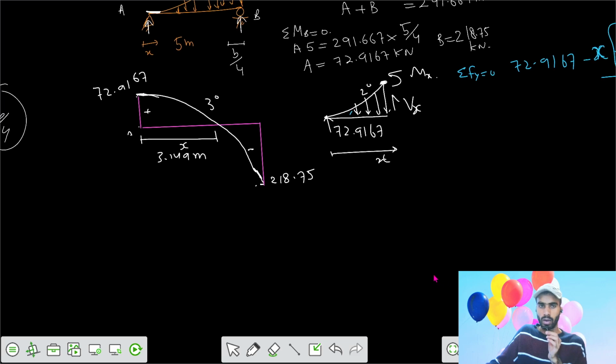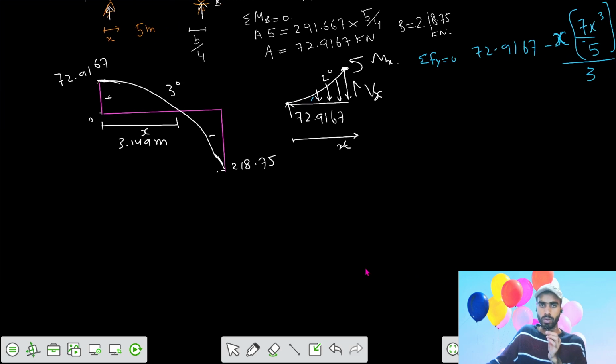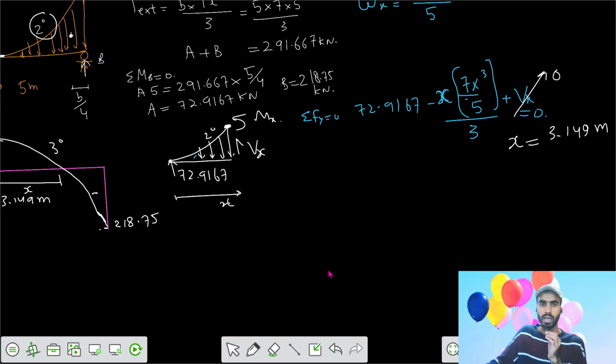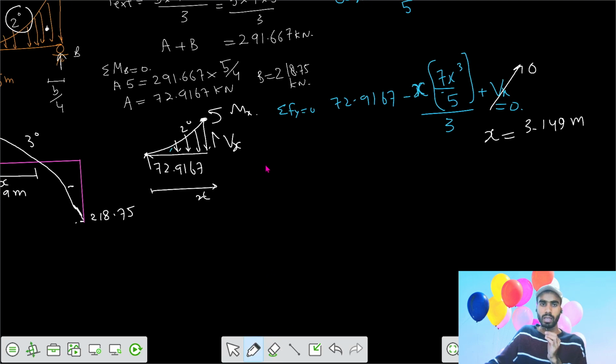And now we can get the bending moment diagram also. We can write the bending moment equation: 72.9167 for length of x, minus x into 7x cubed by 5 into 3, that's 15.